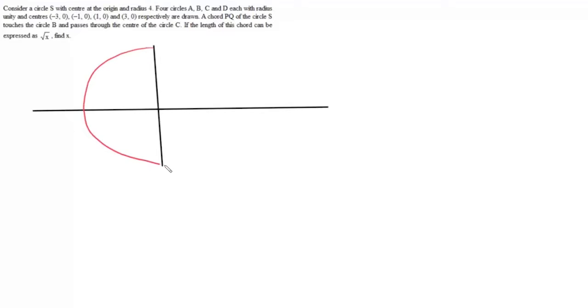So basically first we have the two axes, x-axis and y-axis, and then we have this circle S with center at origin and radius 4, and then we have these four smaller circles, each of radius 1 unit.